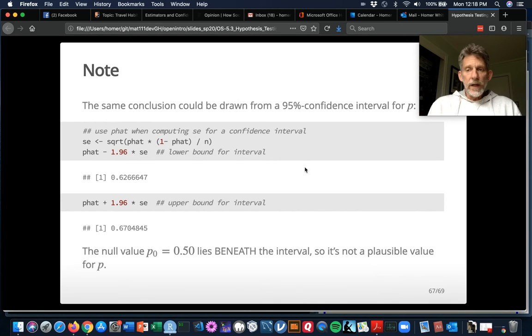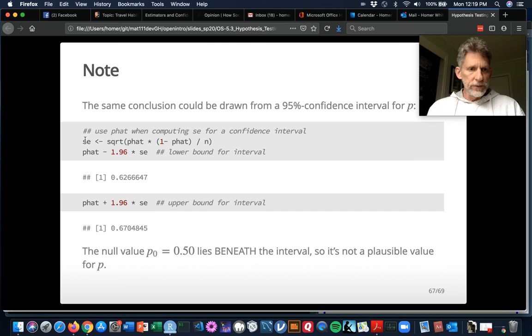Now, I'll just point out that you could get the same conclusion off of a 95% confidence interval for p. That's because of that relationship between confidence intervals and tests of hypothesis that we looked at in the last screencast.